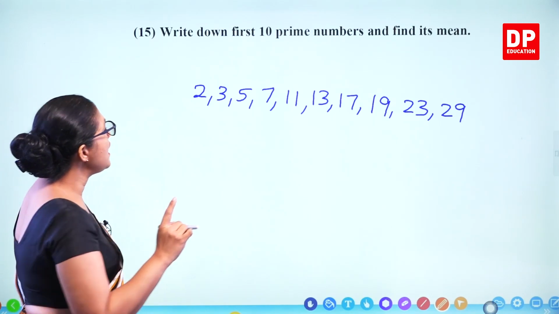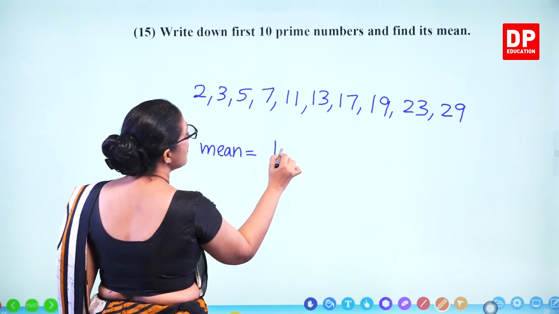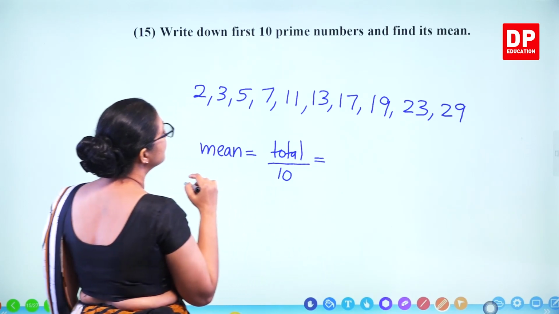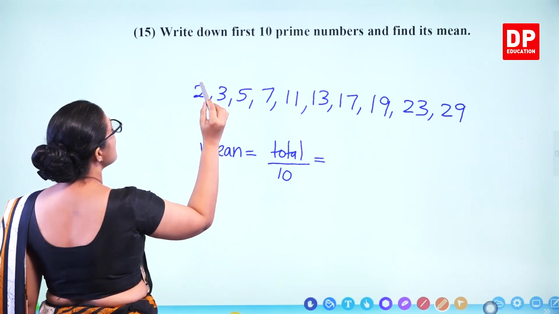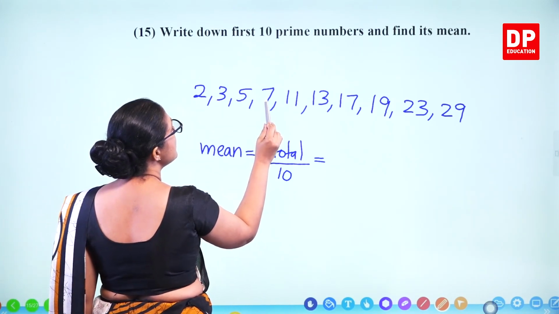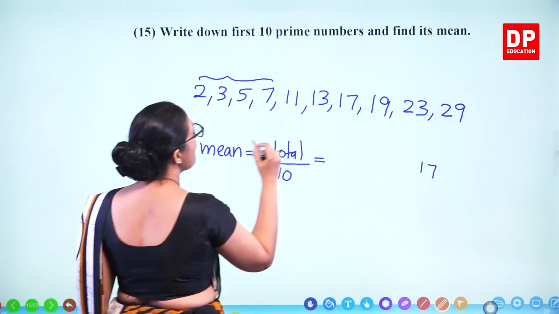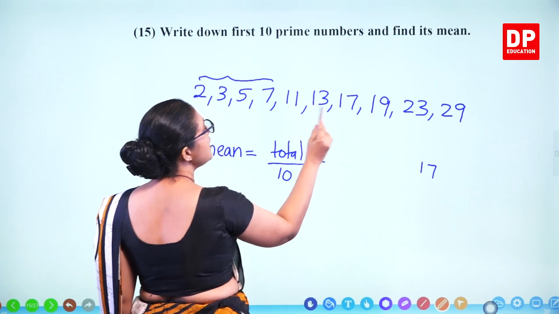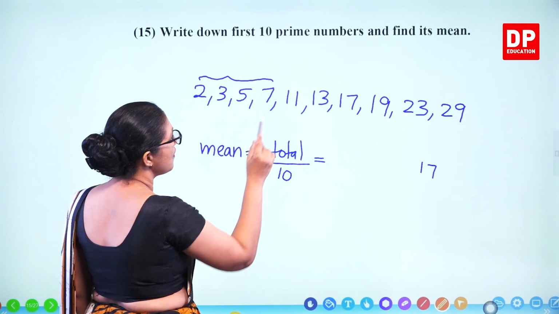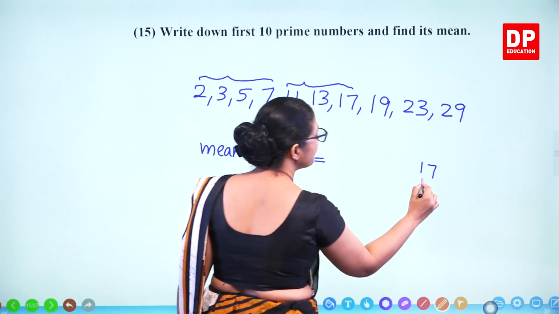So how do you find the mean? Add and divide by 10. So we need to add everything. We'll do it step by step. 3 plus 2, 5. 5 and 5, 10. 10 plus 7, 17. Up to this one, 17. This one, 13 and 11, 30. 30 plus 11, 41.